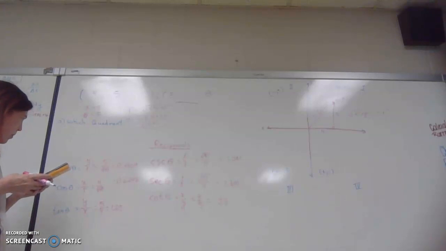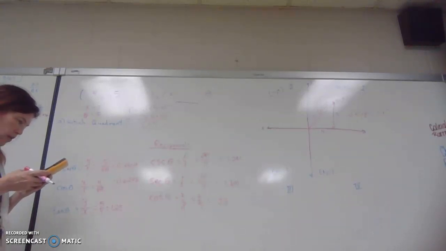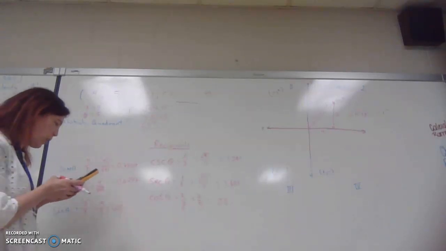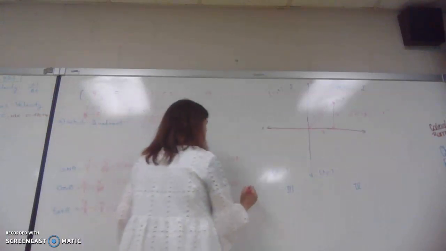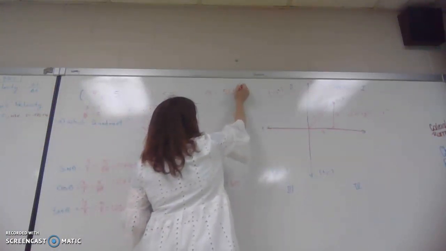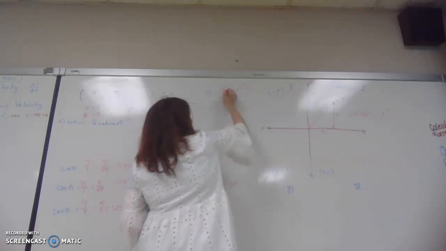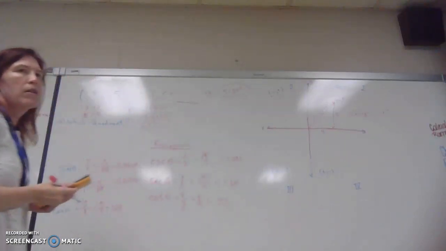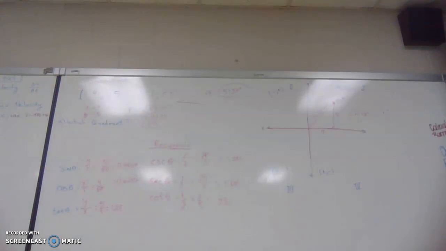Let me make sure I put it in right. This was 0.6247. Yep, 51.34. So theta is 51.34. And most of the time, I'll say round to the nearest tenth or whole number, and that would be fine. So 51.3, 51.34.